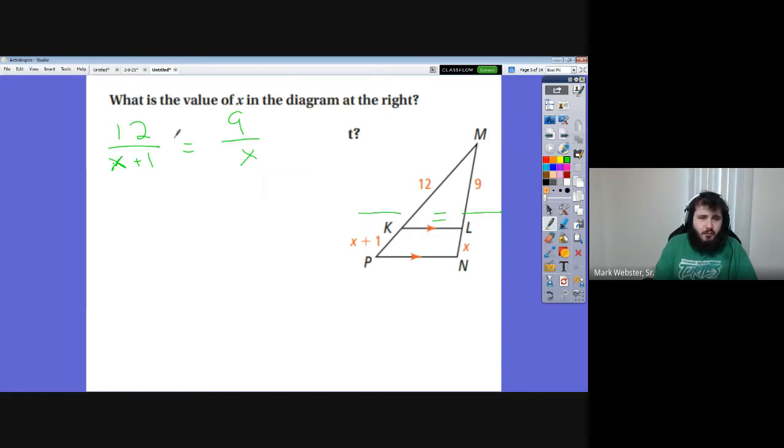So I'm going to do cross products. That's a 1. And once again, notice I'm not trying to do 2 steps at once. I'm writing it out like this for a reason. Make life easier on yourself. And solve, we're going to solve for x. Subtract the 9x from both sides.